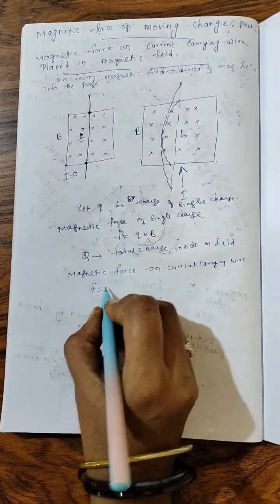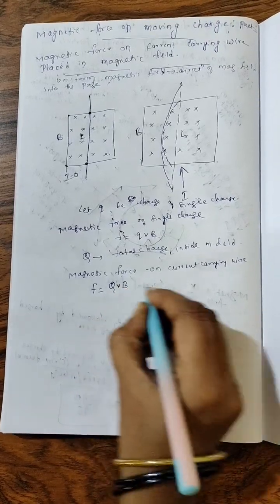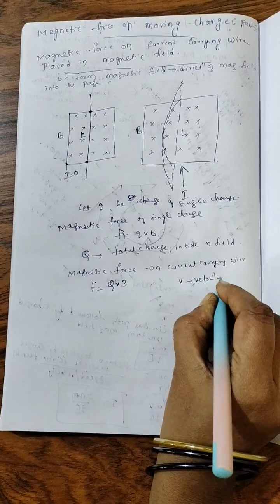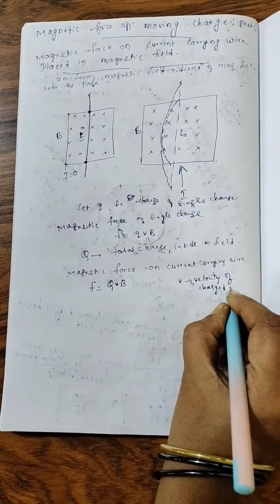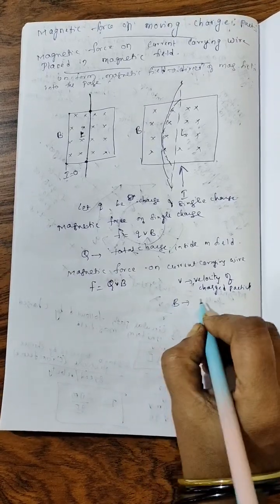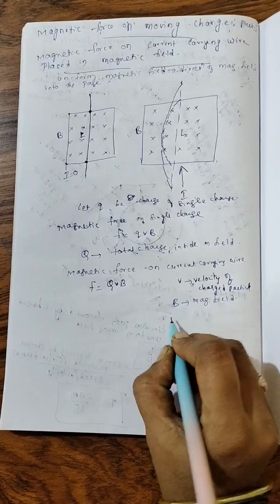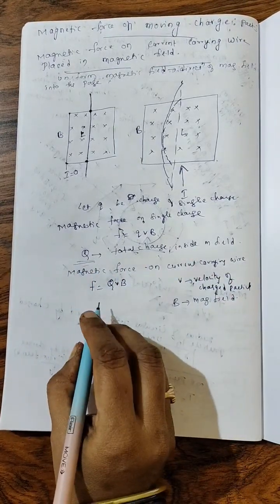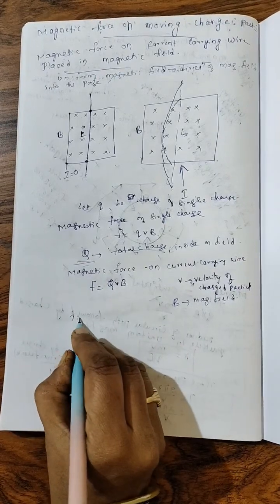F equal to, instead of small q, you keep total charge capital Q, vB. What is v? Velocity of the charged particle. What is B? Magnetic field. What is Q? Total charge.